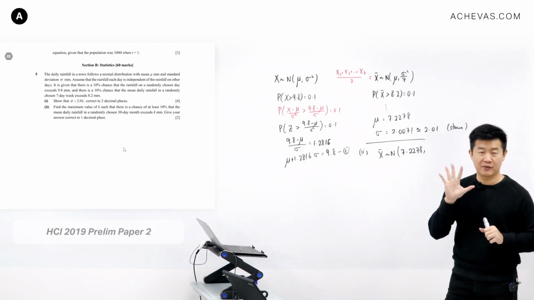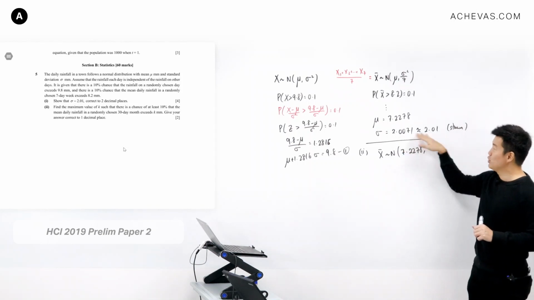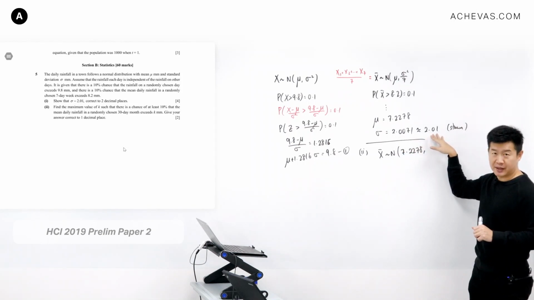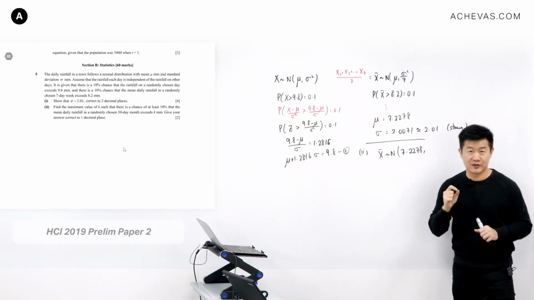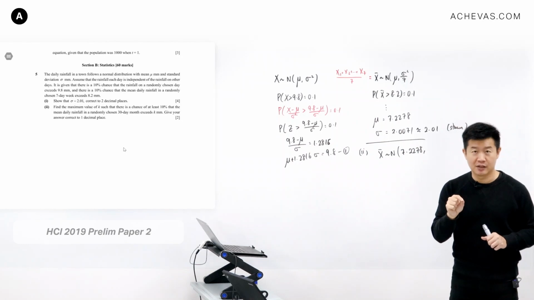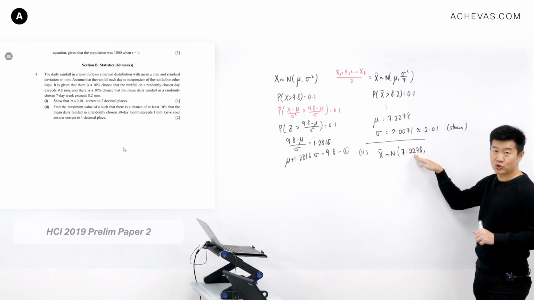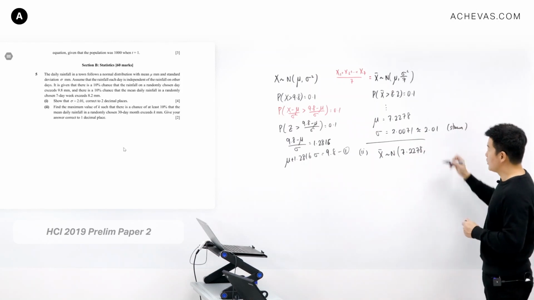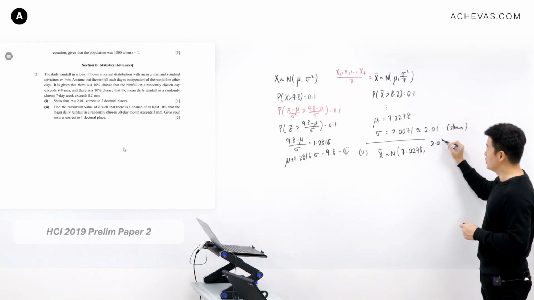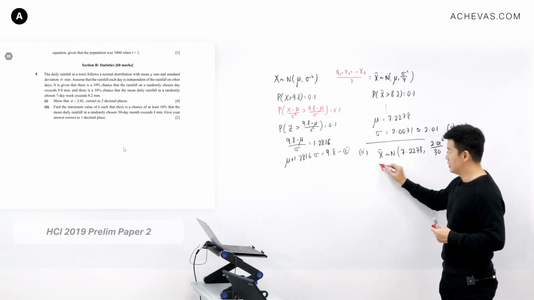Minimum 5 significant figures. But if a question asks you to show, for example, like for the first part, they ask you to show that it is 2.01, then you actually have an option. If not, you must use this. You cannot use 7.23. For here, you can either go for 2.01 squared divided by 30, or it will be totally fine if you were to go for this version.